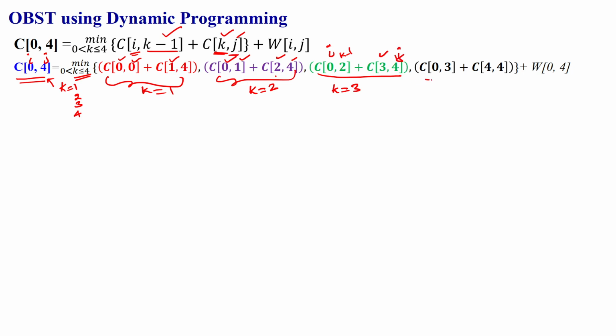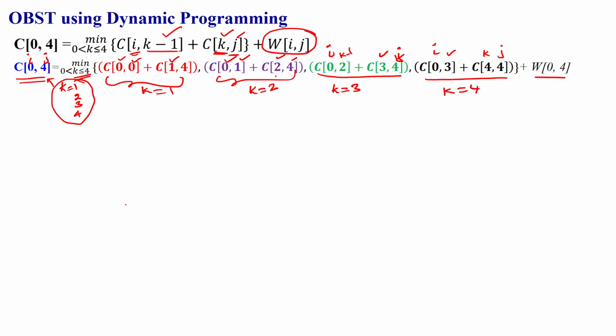Then I am substituting k equal to 4, right? Then i is 0, k minus 1 is 3, then k value is 4, j value is 4. When I go for k equal to 5, there is no option, only k equal to 1 2 3 4, right? Then plus, as per this formula, w of 0 comma 4.